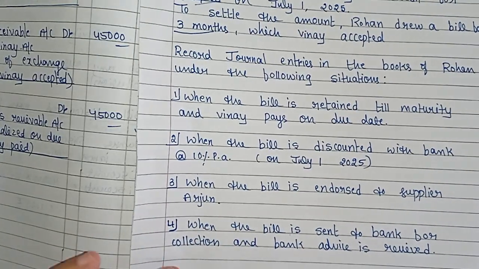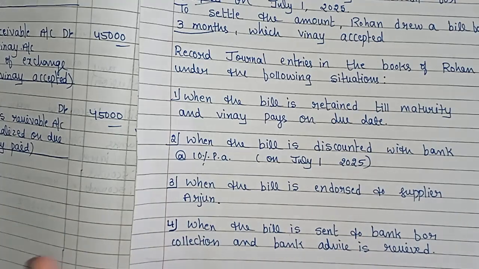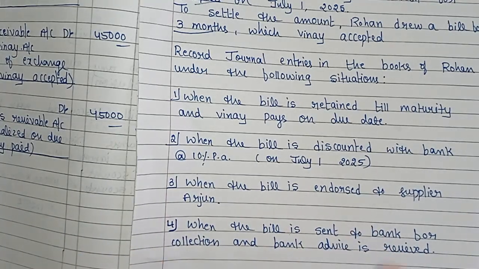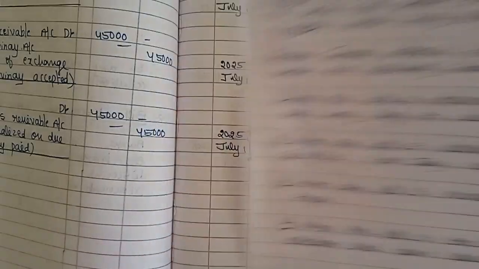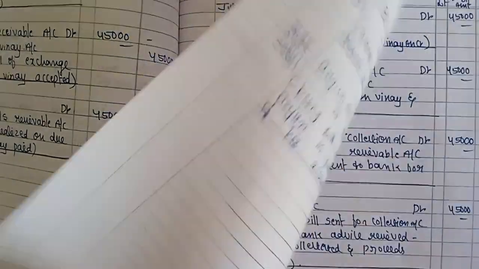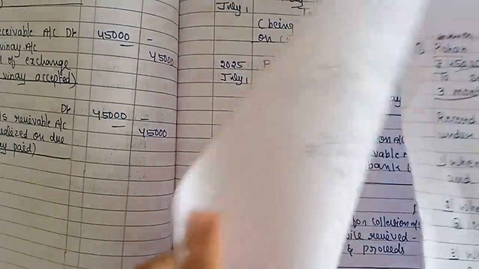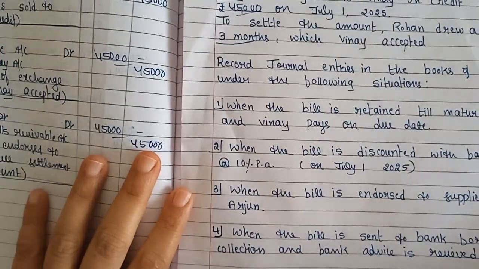Clear? But again here Vinay is not involved in the endorsement process. So there is no journal entry in the case of Vinay. Only on maturity the journal entry will come in the books of Vinay. Clear? So let's discuss it. The bill is endorsed to supplier Arjun.